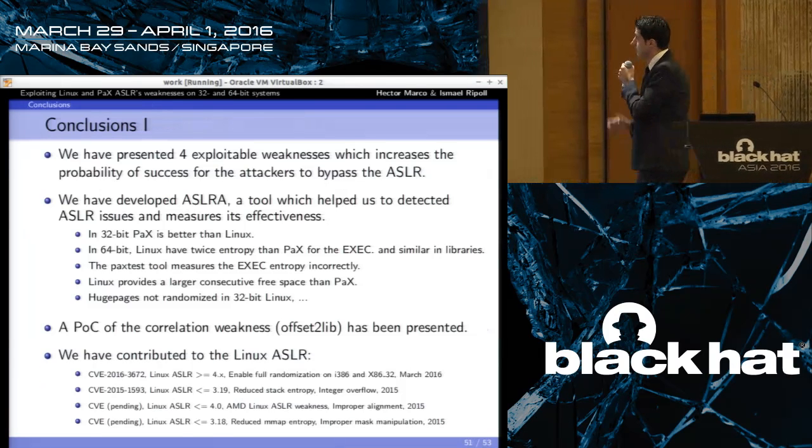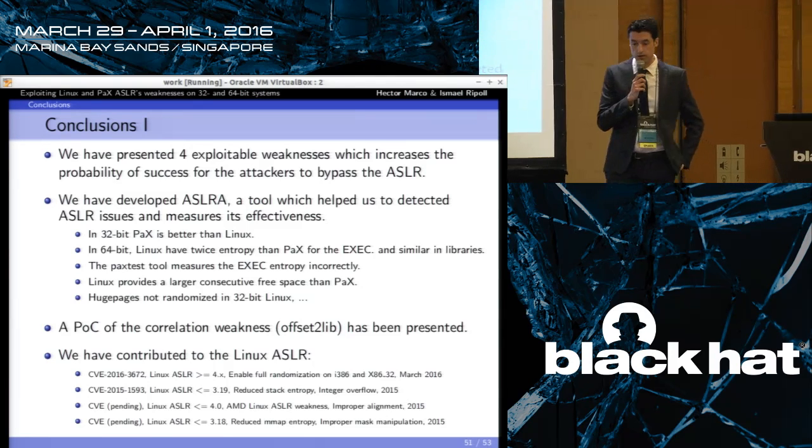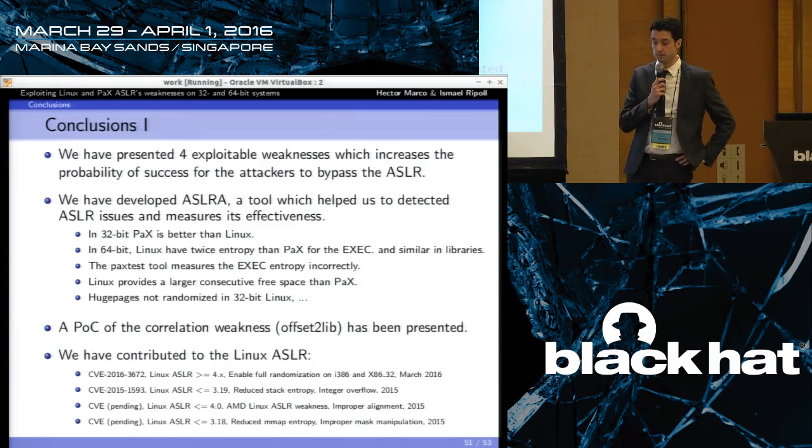So concluding, we have presented 4 exploitable weaknesses, which increase the probability of success for attackers who want to bypass the ASLR.